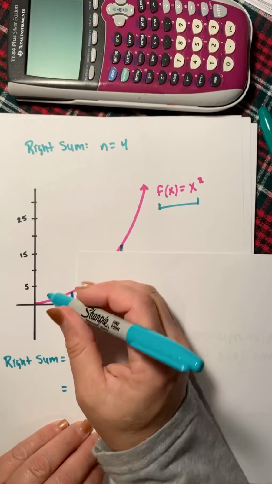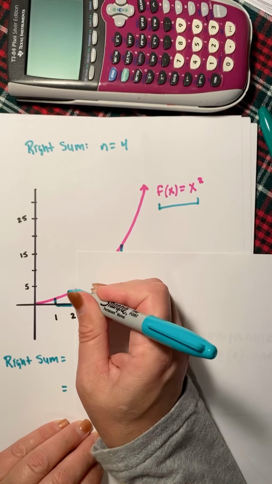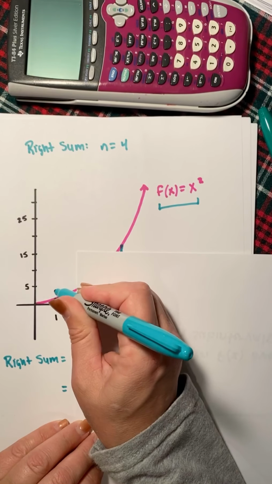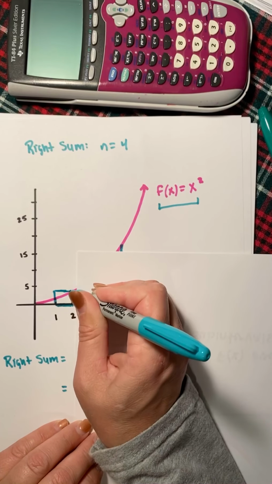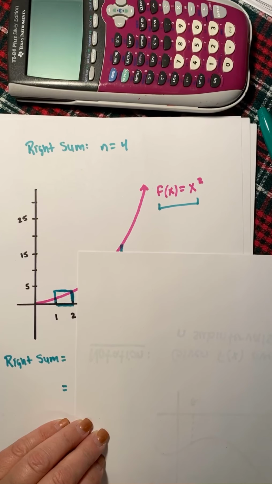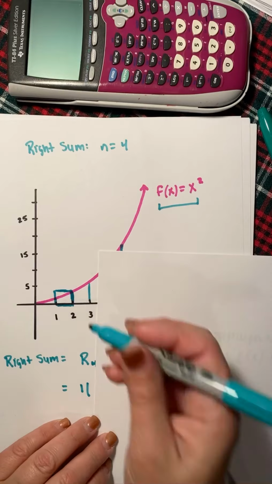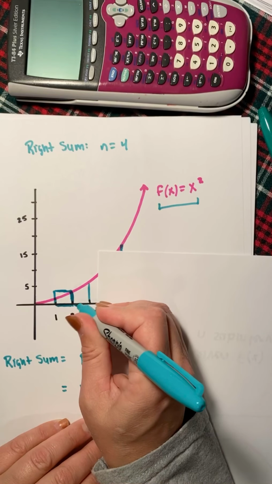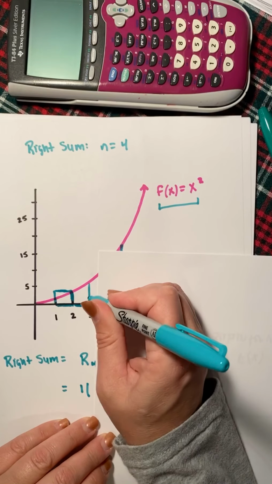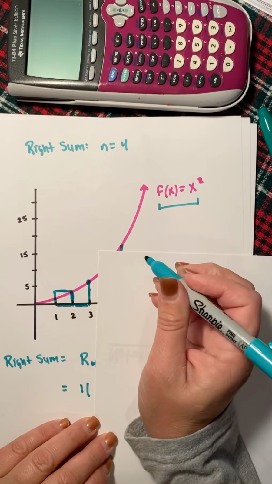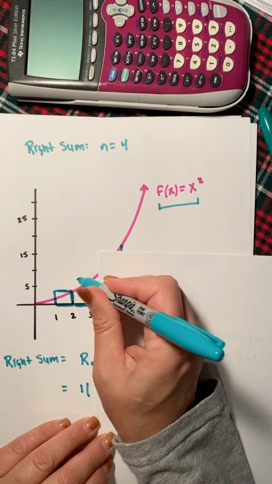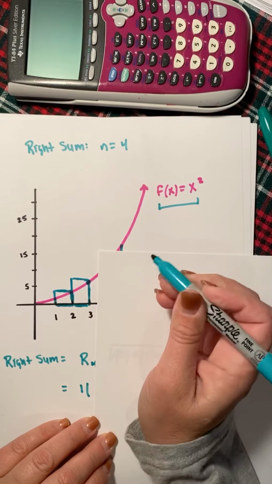And to determine the height of this rectangle, we use the right side of the rectangle, and however tall the right side of the rectangle is. So this would be the first rectangle by using a right sum. The second rectangle, I'll put in the values in a minute, this would be the base and would go up the right side, and where the right side meets the curve, that's going to determine the second height of the second rectangle.